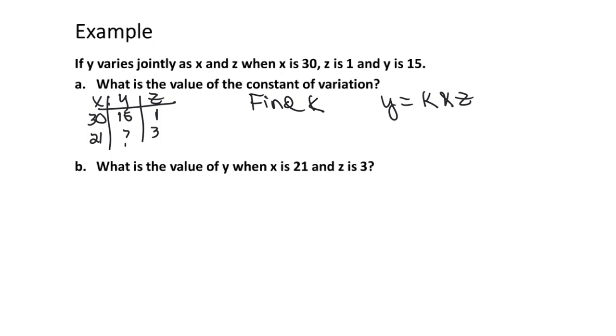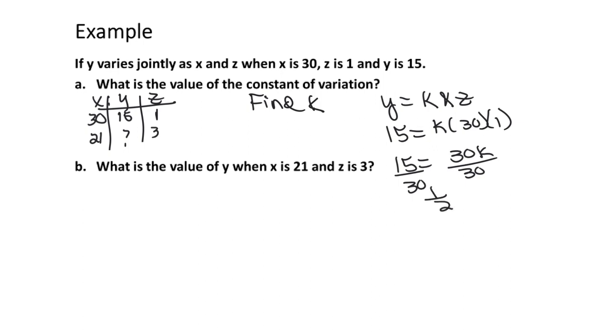I'm going to replace y with 15. X is going to be 30, and z is 1. So that gives me 15 is equal to 30k. Divide both sides by 30, and I'm going to get 1/2 is equal to k.